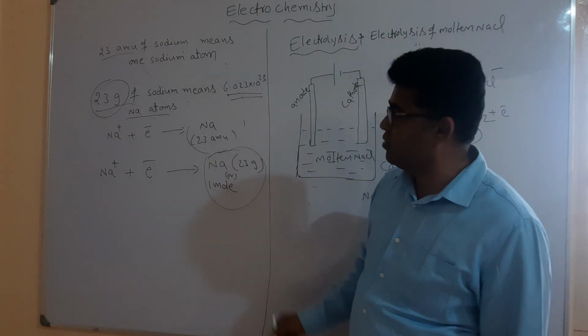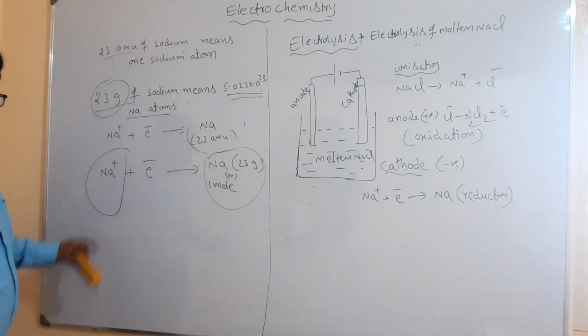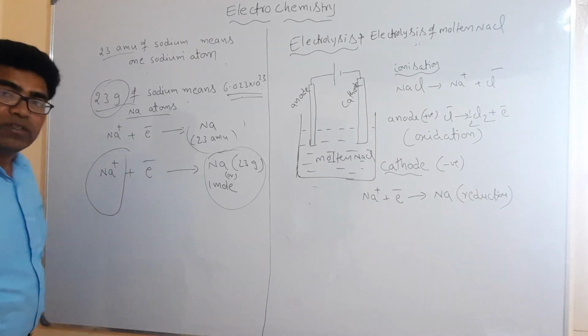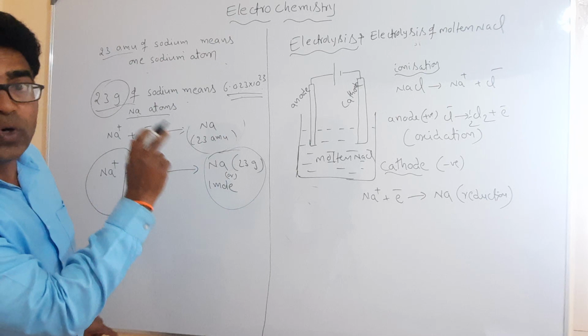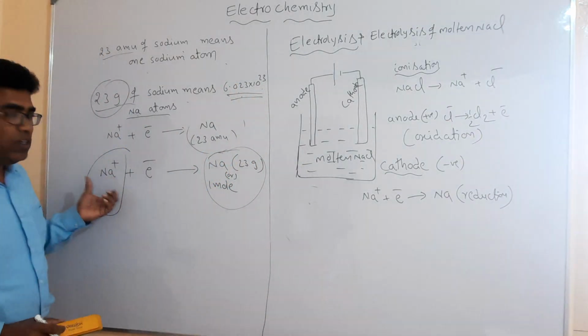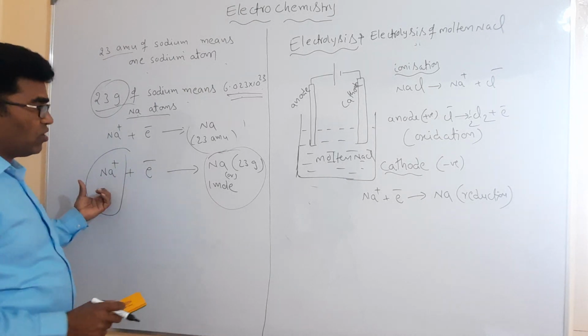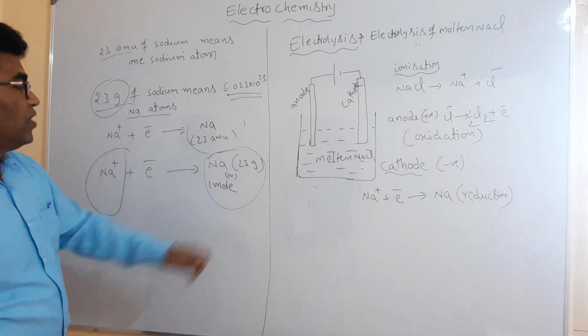Suppose you take Avogadro number of sodium ions, that is, 6.023 into 10 power 23 sodium ions. If they gain Avogadro number of electrons, then 23 gram of sodium is formed.